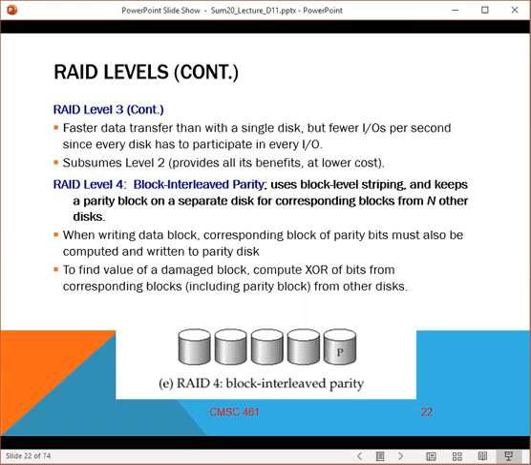In level 4, we have block interleaved parity, whereas in level 5, the parity stripes are interleaved and stored on the disks in an array. You can update the parity information in RAID 5 systems more efficiently than you can in RAID 4.